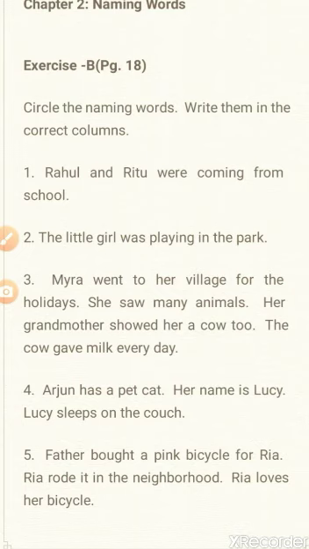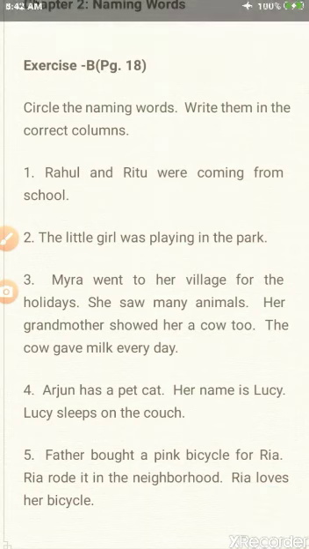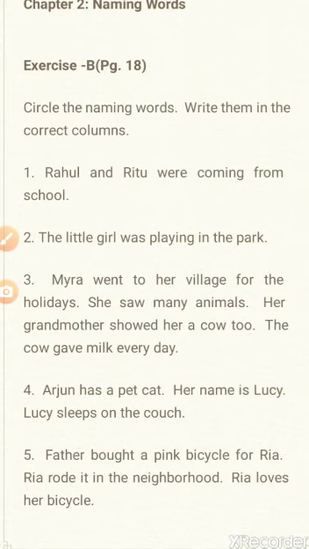Gave is not a naming word. It's an action. So we don't write it here. We will not circle it. Now milk. Milk is a naming word because it's a name of a thing. So circle the word milk and write it in the things column. Question number 4.